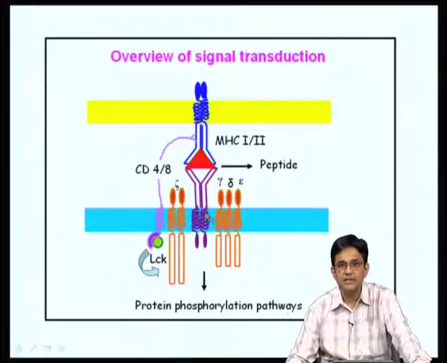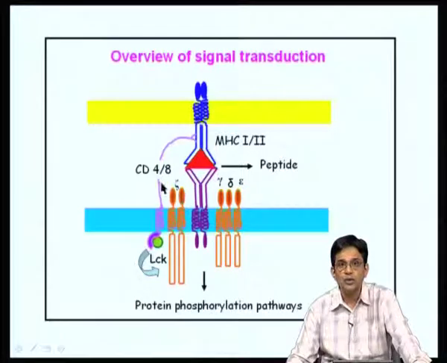This is the T cell receptor, whose cognate ligand is the MHC peptide, and the T cell receptor is associated with CD3, with the gamma, delta, epsilon, and here you have zeta. What is important to note is that gamma, delta, and epsilon have a single ITAM motif, or immunoreceptor tyrosine activation motif, whereas zeta has three activation motifs. So, this is important, and we will see that subsequently.